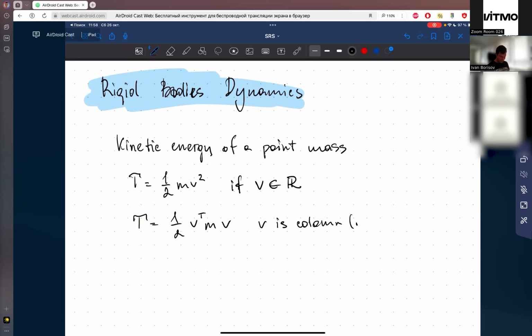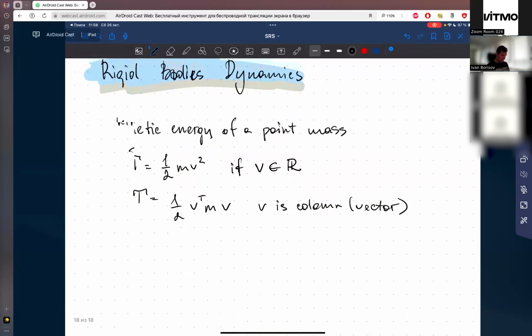So basically, if it's a vector, not a scalar, right? And if you have several bodies connected in a series, what will be the total kinetic energy of this series? So could you tell me?